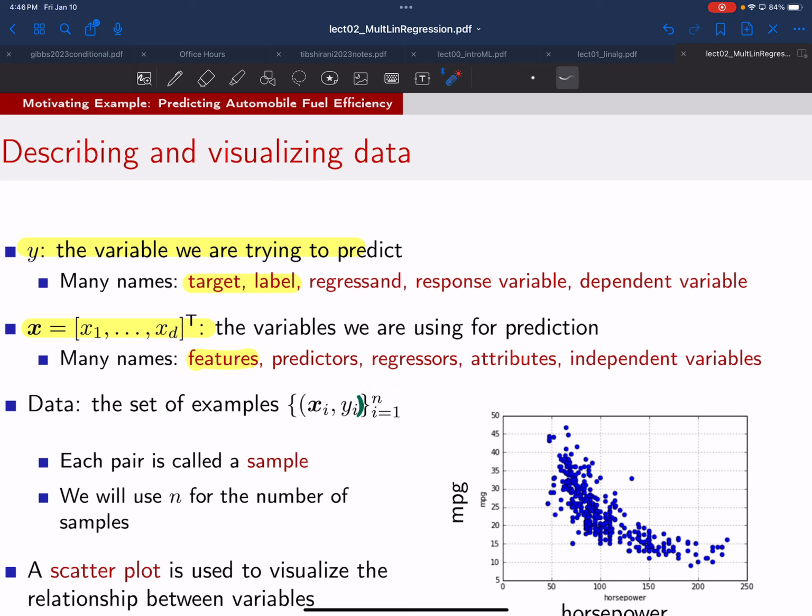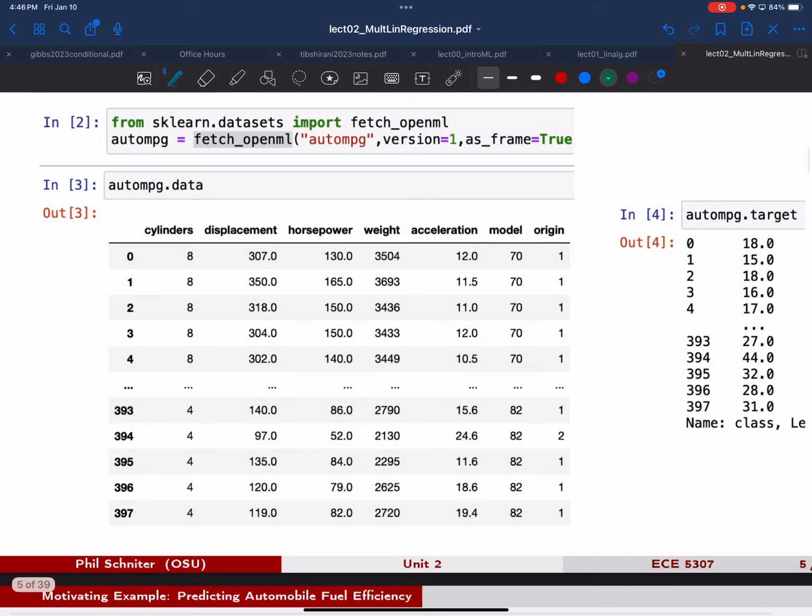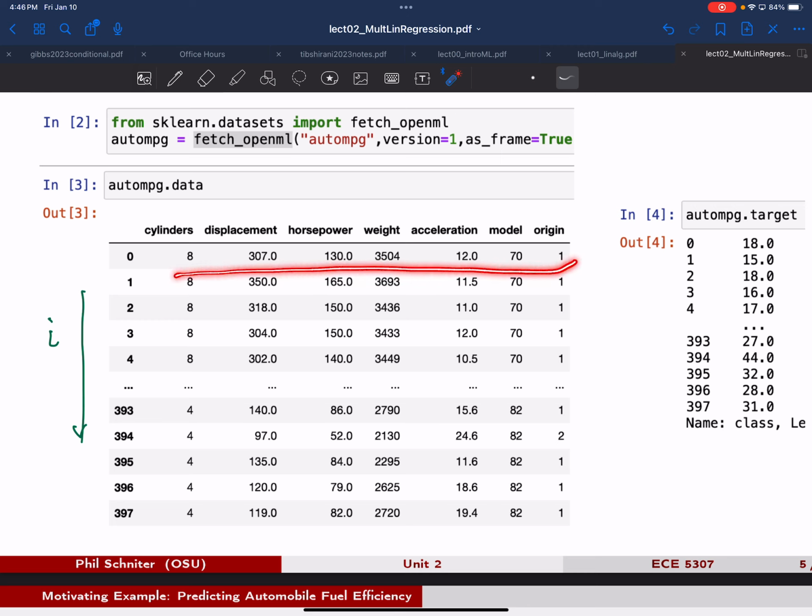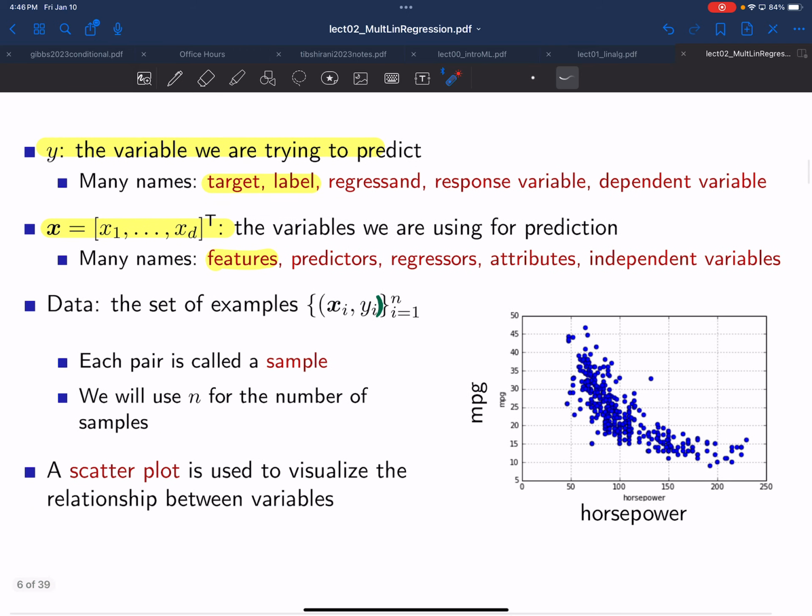Here we're using the subscript i to index which pair. So for i equals 0, this is y0, y1, y2, and so on. This is the vector x0, vector x1, and so on. And so this is our data set, the set of these pairs.